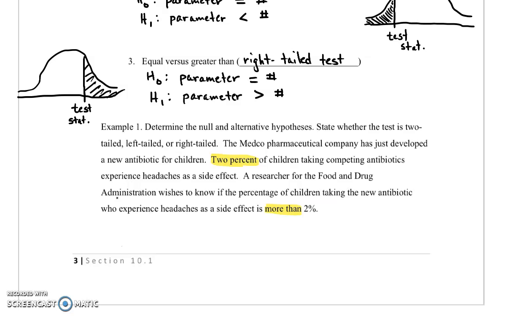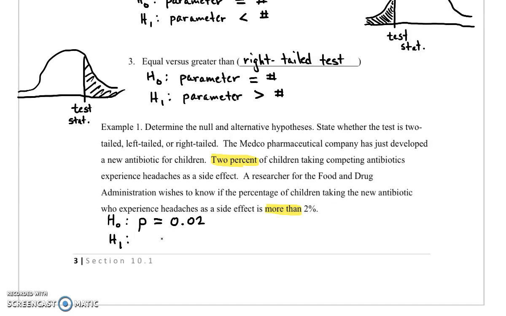So H naught here, we're talking about percentage, which remember is a parameter, a proportion, sorry. So we're going to use P for population proportion, and H naught is always equal, so it equals 0.02 because we have to change our percent into a decimal.